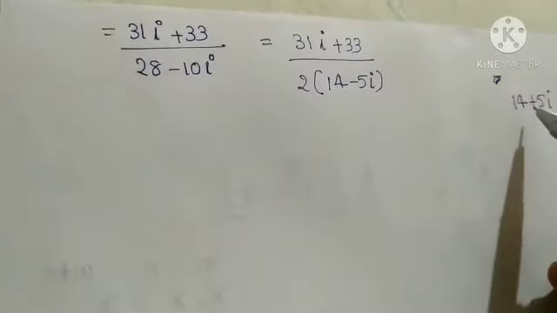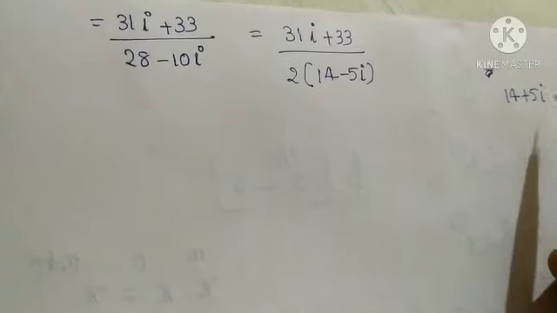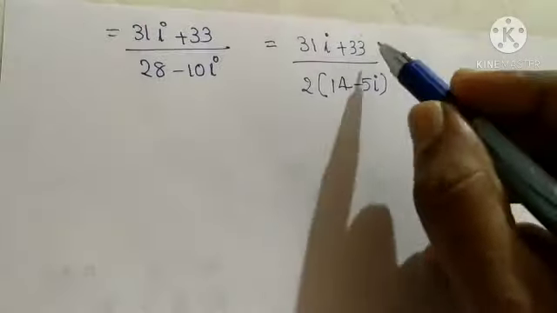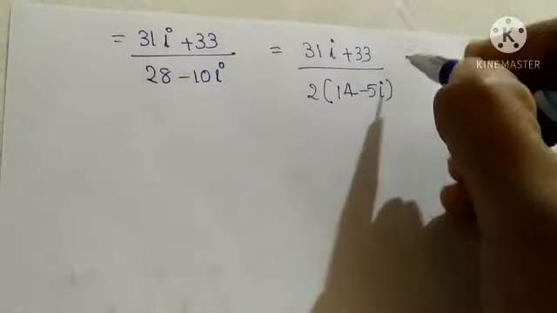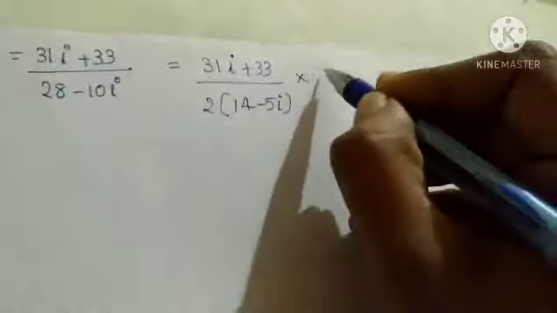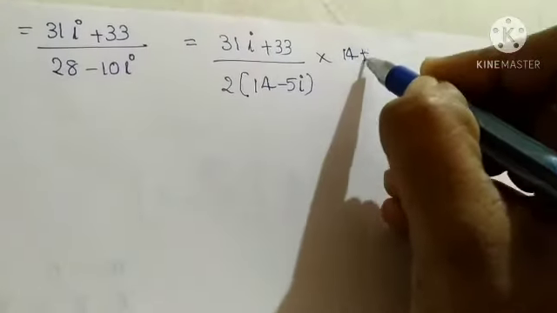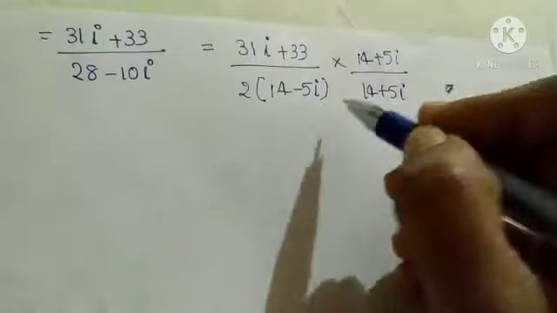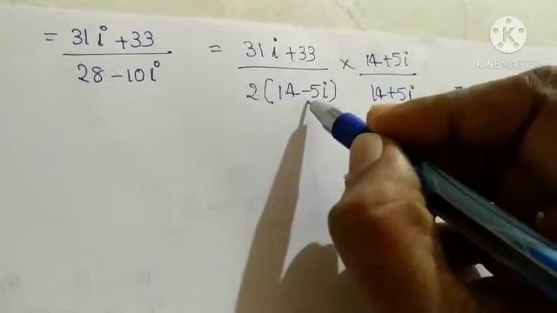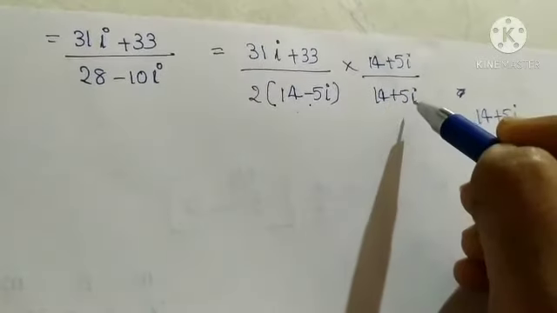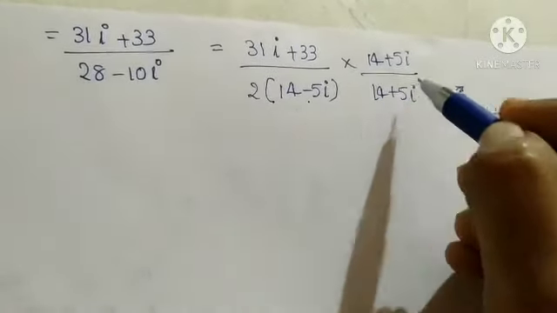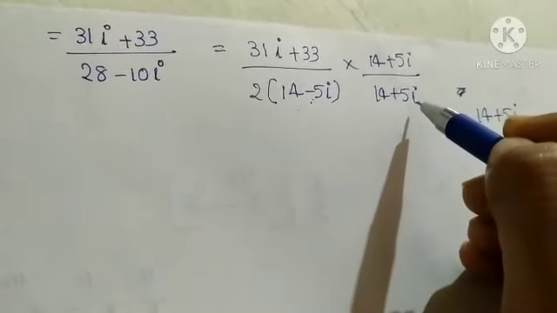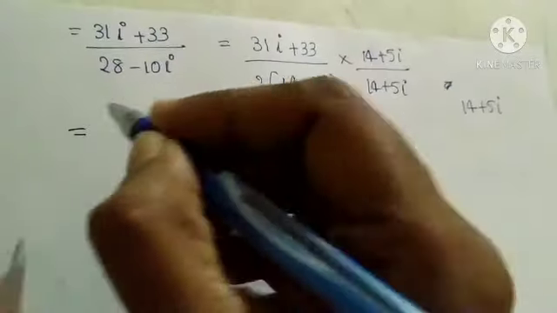Multiplying and dividing the whole term by 14 plus 5i, so it will become 14 plus 5i divided by 14 plus 5i. Here taking the conjugate of the denominator term and multiplying and dividing by this same conjugate.